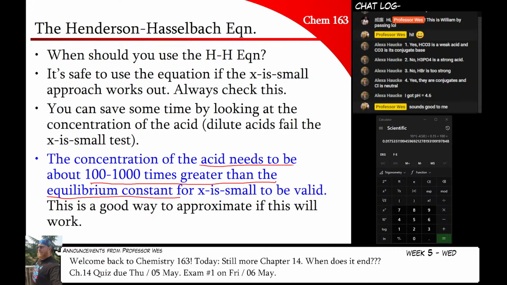So what that means is that if you have something that's like 10 to the minus 5 and you're working with 10 to the minus 1s, like 0.1, that would be fine. 0.2 would probably be fine. 0.01 would probably be fine. But 0.001, that's kind of getting into the gray area. And if your solution is too dilute, then you just have to use a solver.